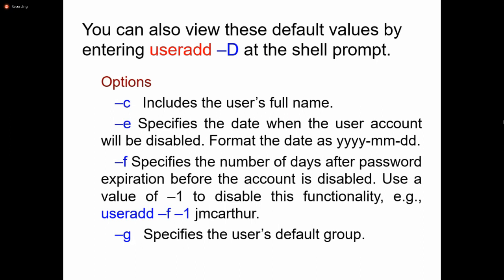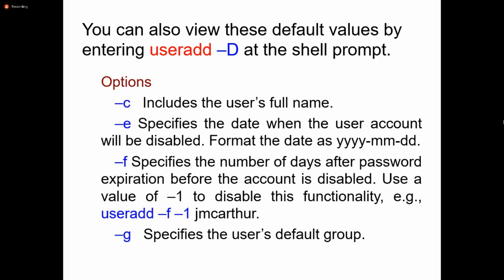So I think earlier we saw that inactive as -1. So I think it refers to this value. So the account will not be disabled after the password is expired. So this value is there so that, let's say the password expires in 10 days. If you put 7 here, then after 10 days the password will expire.